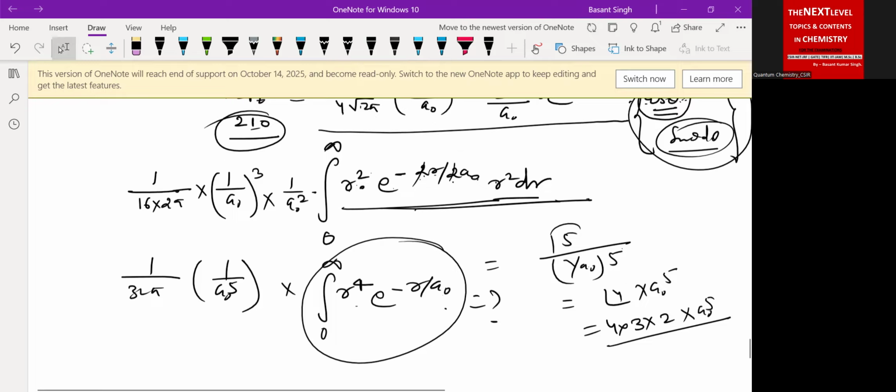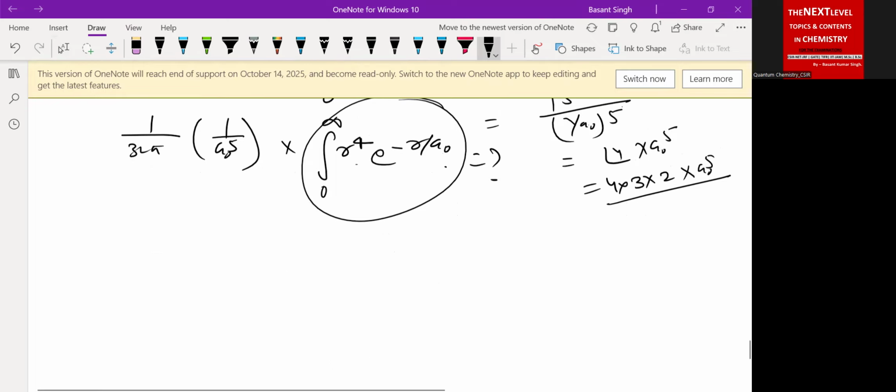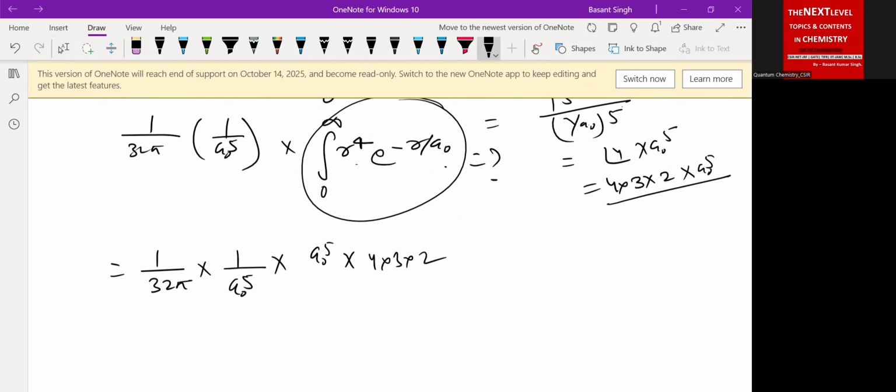Now the total integration becomes 1 by 32 pi into 1 by a0 to the power 5 into a0 to the power 5 and 4 into 3 into 2.